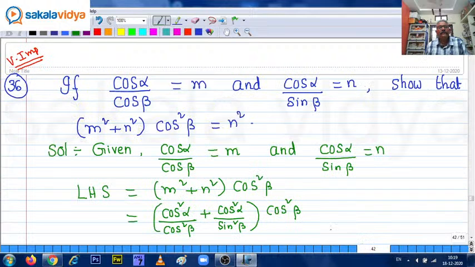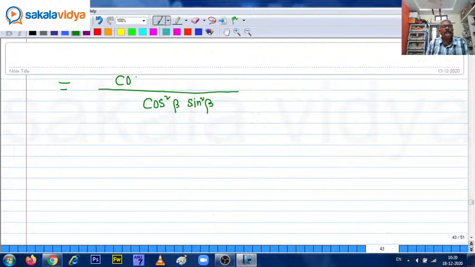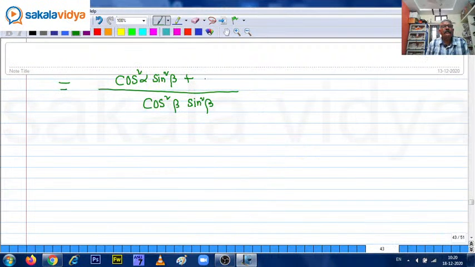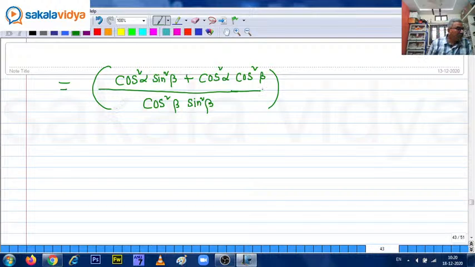So you get cos square alpha sin square beta, plus cos square alpha cos square beta multiplied by, what do we have here, cos square beta.